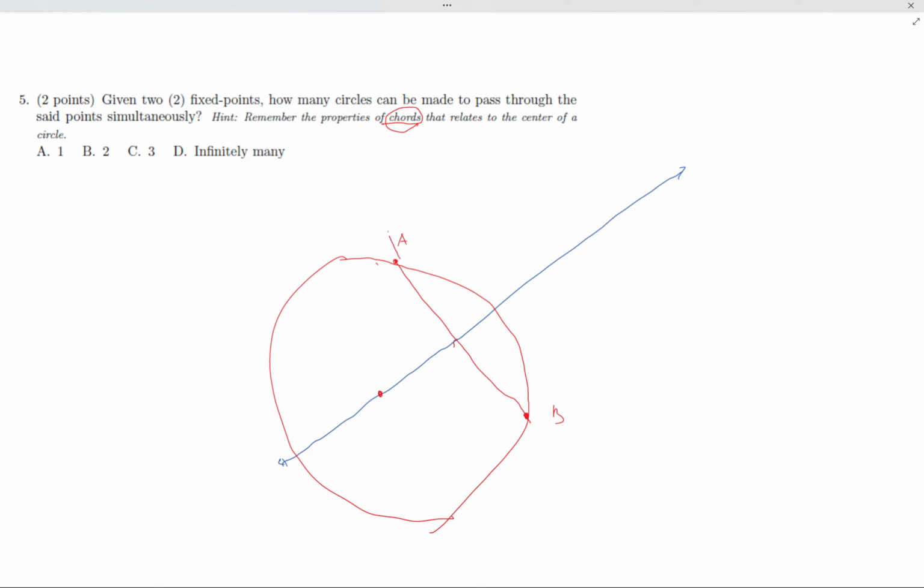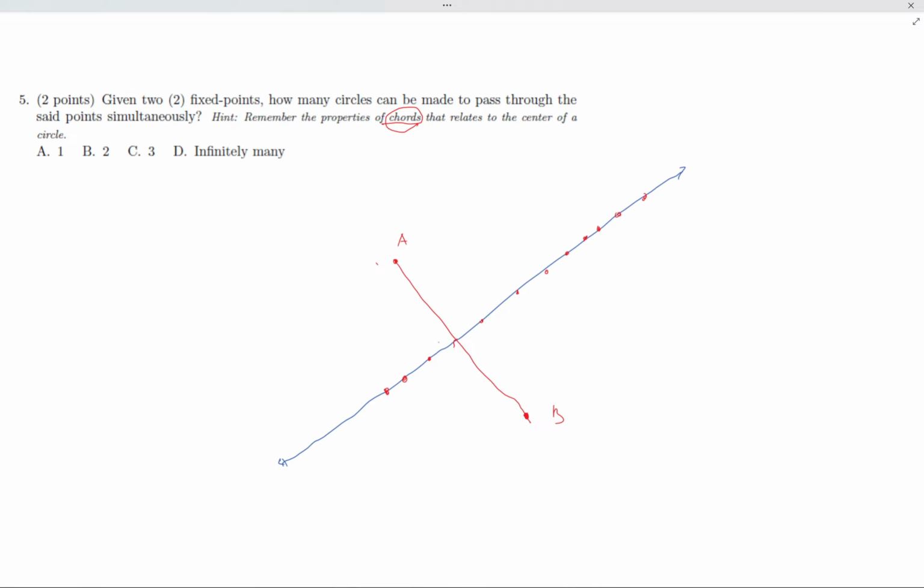For any other circle, that must also be true. So let me just draw another crude circle right here. The center must also be located here. Now, since this center is movable along this perpendicular bisector, by movable I mean it could be anywhere along this perpendicular bisector, it means that there are infinitely many possible centers that we could make.